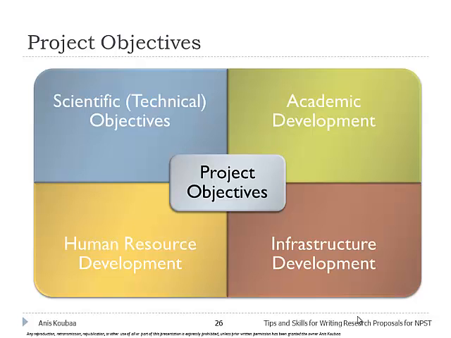Because a research project is not just for producing research papers and new results, but also to develop the infrastructure of the university and human resources, master students, undergraduate students. So this should be specified in the project objective.